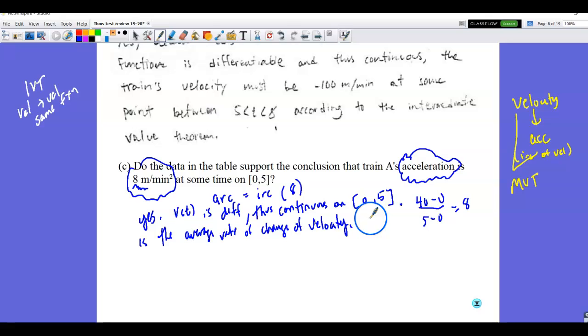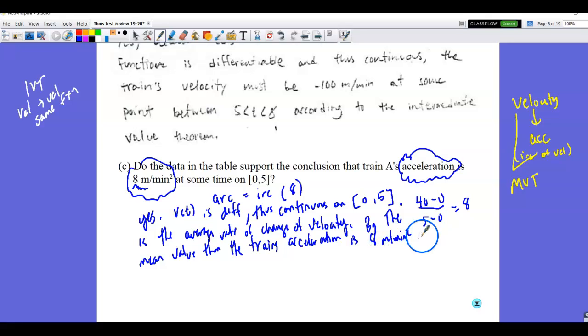So I'm going to say, yes, this is so by the mean value theorem, the train's acceleration is 8 meters per minute squared at some time on the interval from 0 to 5.